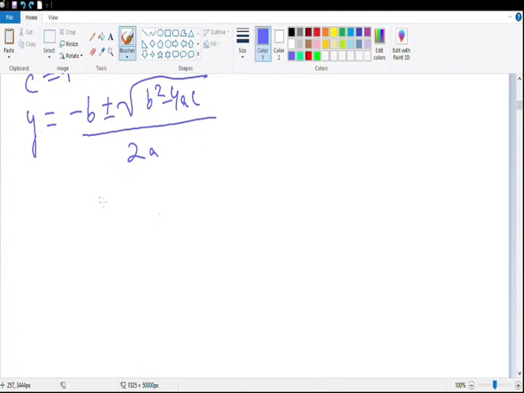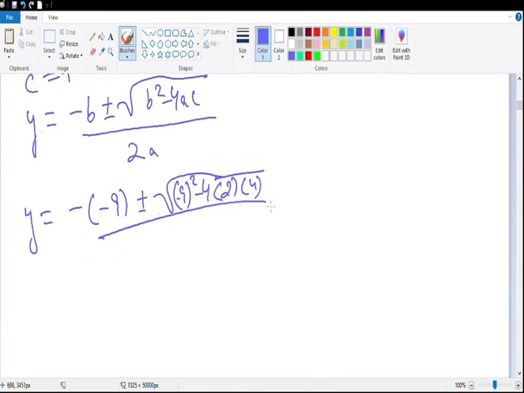It's not that it's supposed to be x, it's supposed to be whichever variable is there in our problem. So y is equal to negative into negative 9 plus minus square root of negative 9 squared, minus 4 into 2 into 4, divided by 2 into 2.